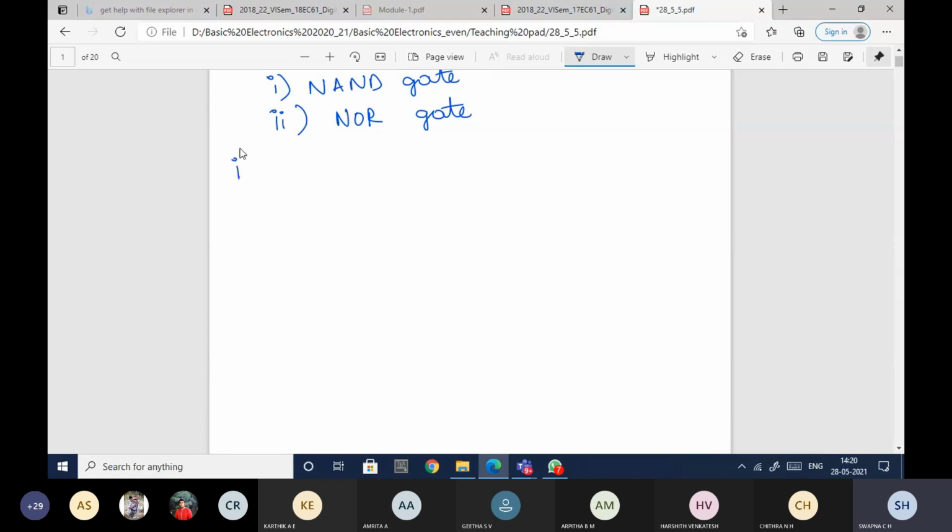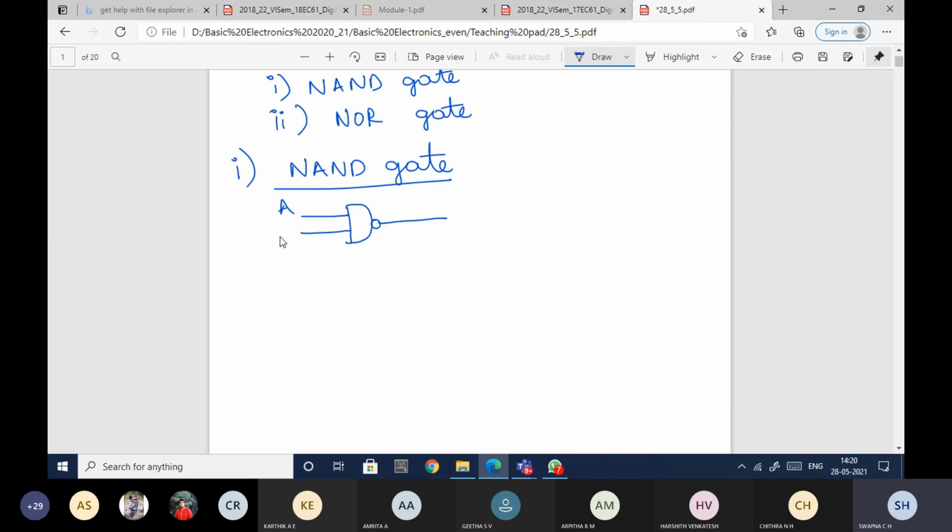Okay, so first we'll go with the NAND gate. Using this NAND gate, you know that we'll be able to implement any function, or any gate. Okay, so how will be the NAND gate? NAND in the sense you'll have AND in between, after AND gate you'll have a bubble.